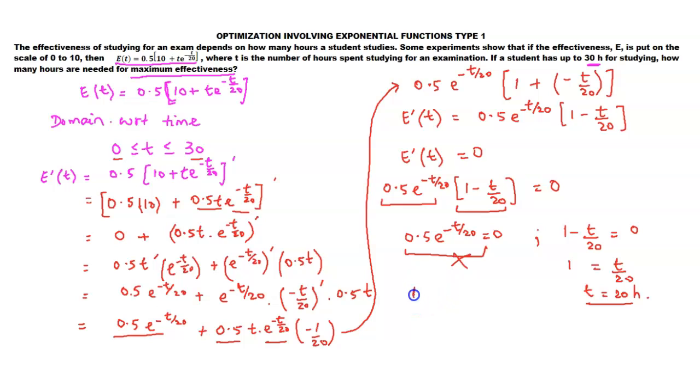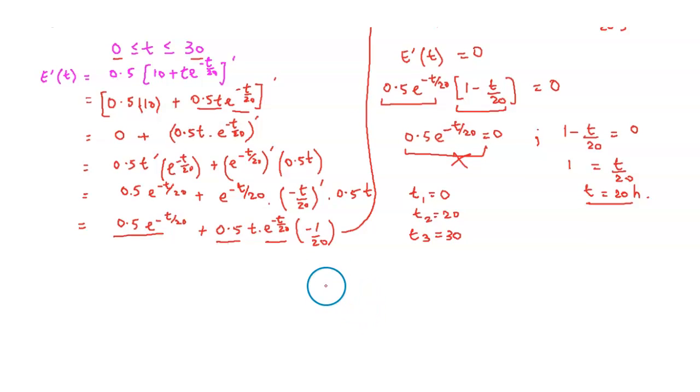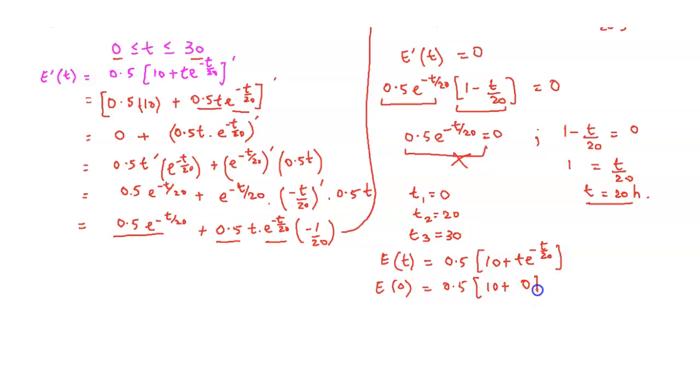So the three t values that I'm going to test are t1 equal to 0 hours, t2 equal to 20 hours, and t3 equal to 30 hours. I'm going to test all of these to find my effectiveness by putting them in my effectiveness equation. If I sub in t as 0, I'll be left with 0.5 times 10, which is 5, as the effectiveness.